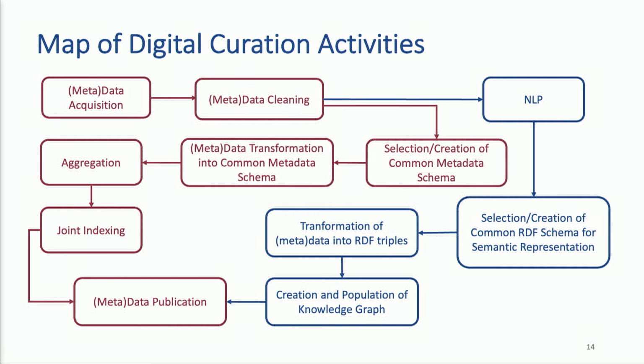We have aggregated them using an aggregator we have previously developed in the digital curation unit, the MORE aggregator. And then using open source software, we have performed the joint indexing and produced 4 different indices regarding persons, subjects, time periods, and places. What followed is the publication of these indices.